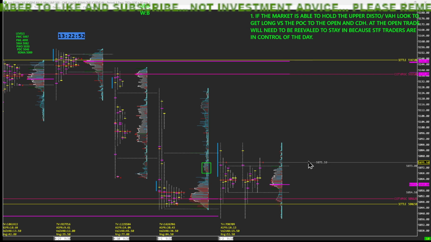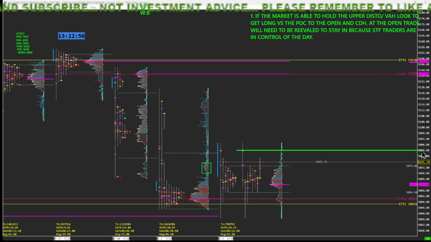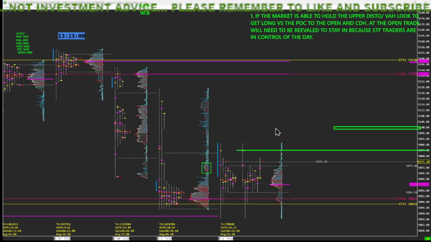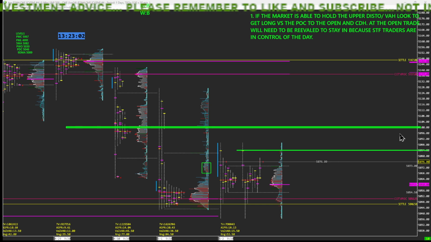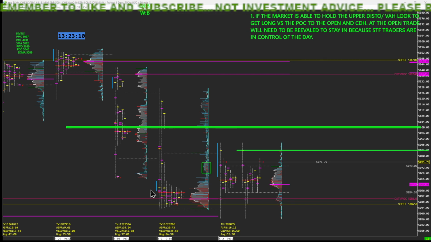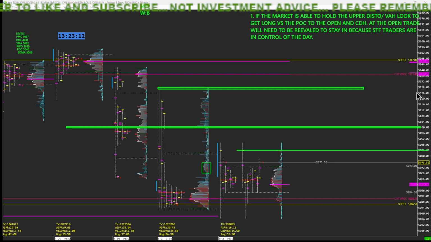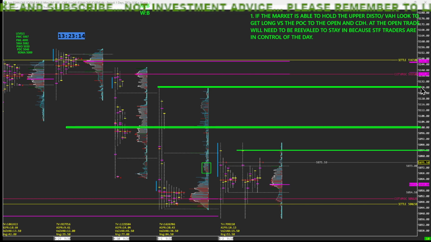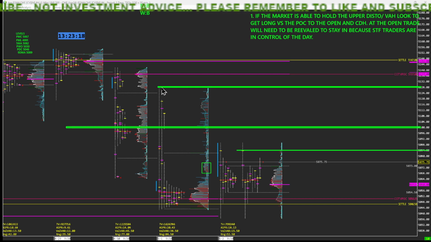Okay, so what's our next play? Well, the next play is that fade from the open, right? That's a nice play because we know 1%'s right here. Right, so we know 1%'s up at 5,100. So the odds of these short time frame traders really pushing the market outside of a 1% move, not great. There is some possibility of some short covering as we are one time framing lower, but those people are not too worried because they've got up to 51.30, 51.28.